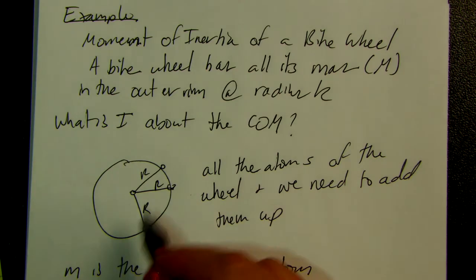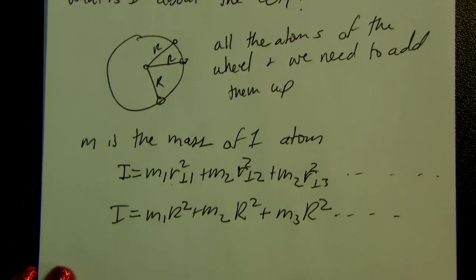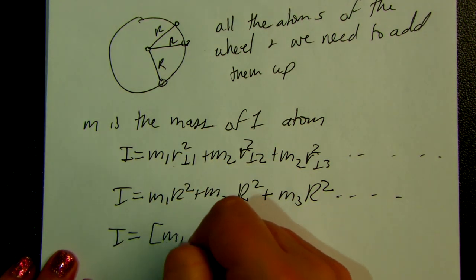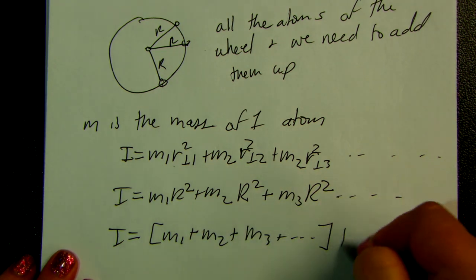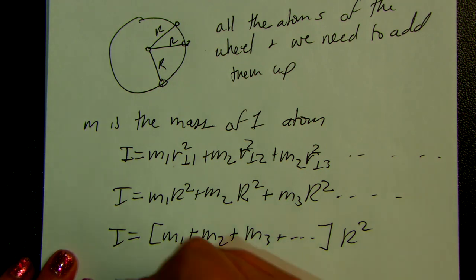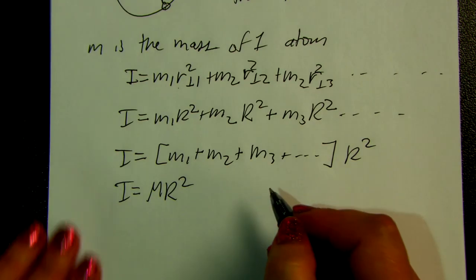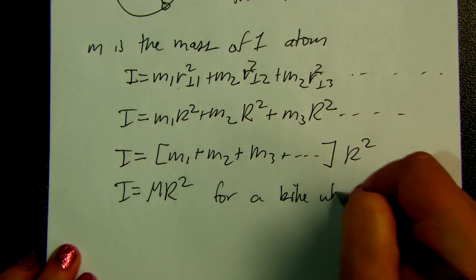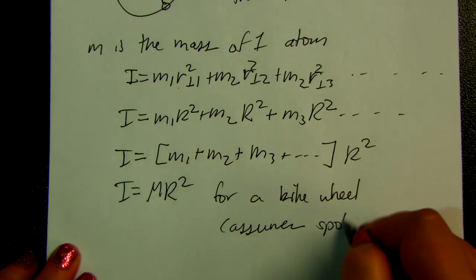So I'm just using this picture here where we've got those capital R's. So let's simplify further. I is equal to m1 plus m2 plus m3 plus so on and so forth times r squared. And what we see here is just the total mass. So I is equal to m r squared for a bike wheel. For a bike wheel, this assumes spokes are negligible.